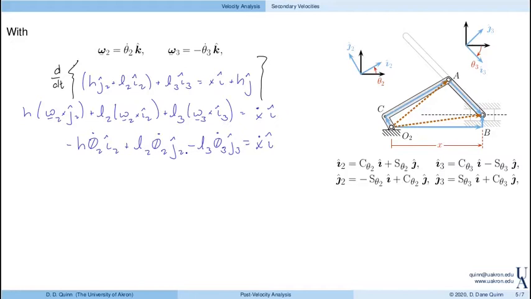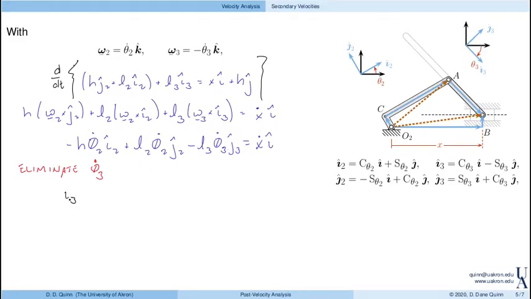And here, let's start off and solve for theta 2 dot, right? So that means that we want to eliminate theta 3 dot. These directions are all known because we just completed a position analysis. So all these unknown velocity variables appear in the magnitudes. So that implies that in order to eliminate theta 3 dot, I'll dot with I3.